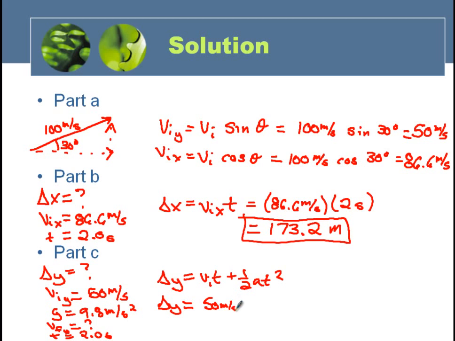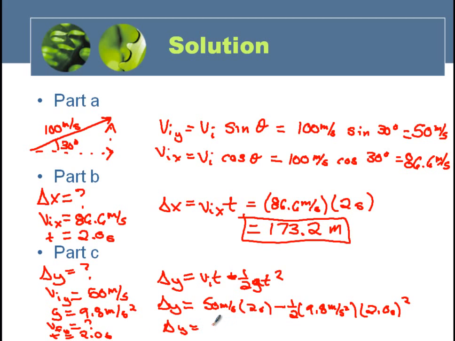50 meters per second times 2 seconds. Sorry, it should be minus g. So minus 1/2 times 9.8 meters per second squared times your time squared, 2.0 seconds squared. Plug it in your calculator.